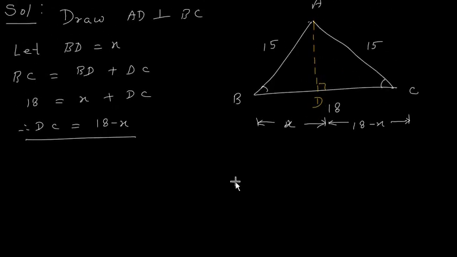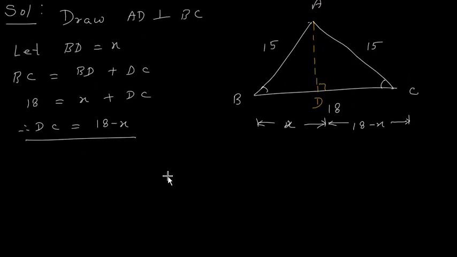By this also you can solve the problems, but what I am doing is useful when you have a triangle which is not isosceles. Here in this case this is an isosceles triangle. So in an isosceles triangle, if you draw a perpendicular from this common point A, then it divides the opposite side. So there is no need that I consider BD equal to X and all those things.